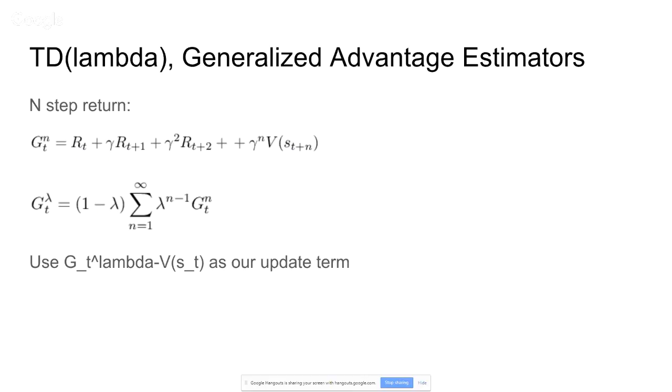And this goes back to the concept of a bias-variance trade-off. Monte Carlo rollouts have very high variance, but they're not biased because you're doing empirical sampling.